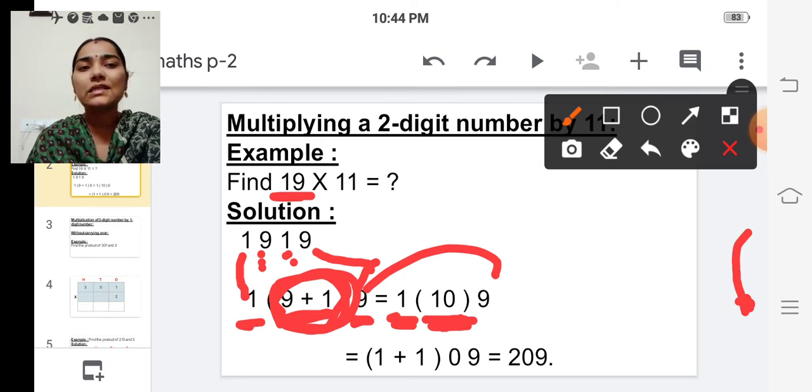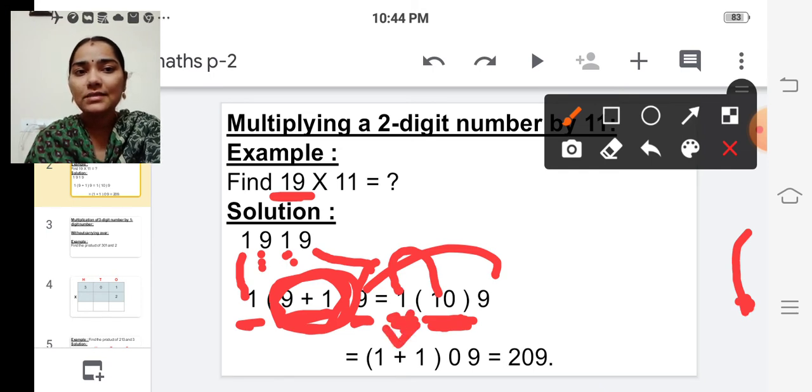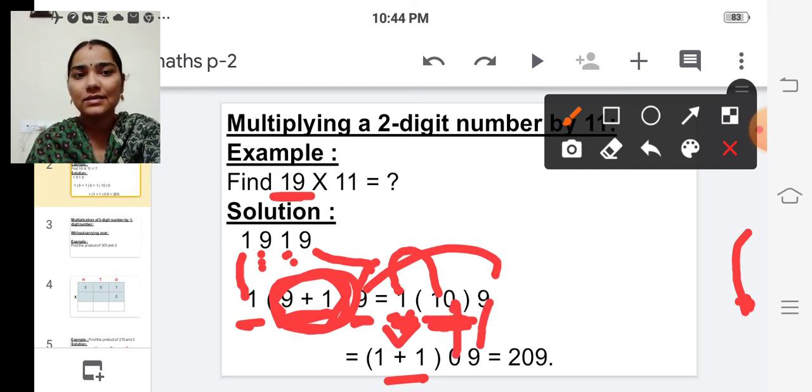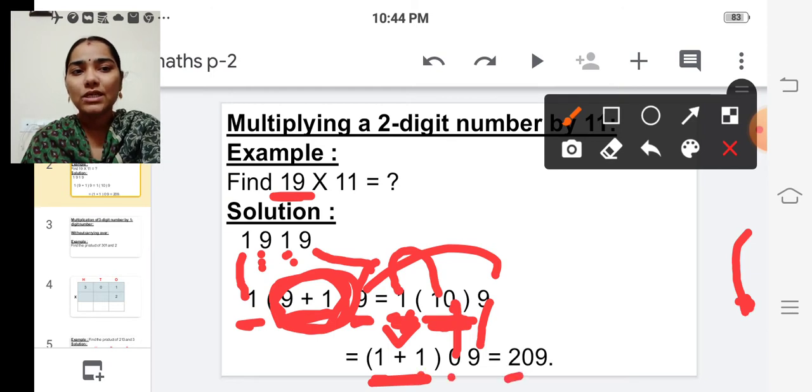Since 10 is a 2-digit number, you have to carry over this 1 to the next place. So this becomes 1 plus 1. Write this 0 as it is and 9 as it is. In the next step, 1 plus 1 is 2. So write 2, 0, 9.